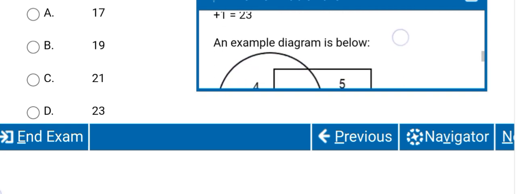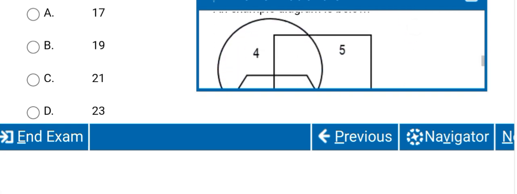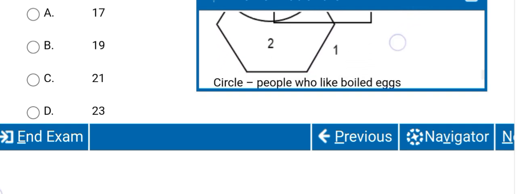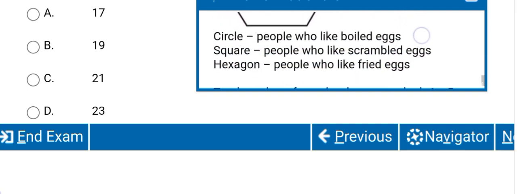So an example diagram is below. This diagram represents the above data. The circle represents people who like boiled eggs, the square the people who like scrambled eggs, and the hexagon the people who like fried eggs.